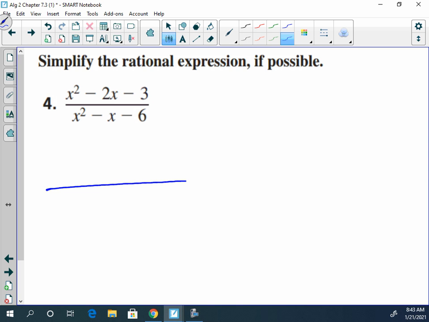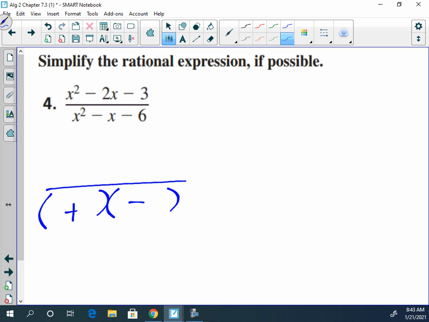Okay, looking at this here, which one do we think is going to be easier to factor? The numerator or the denominator? Okay. So we have two sets of parentheses with 3 spots and 3 spots. Since the 6 is negative, the signs are going to be what? Opposite, positive and negative.